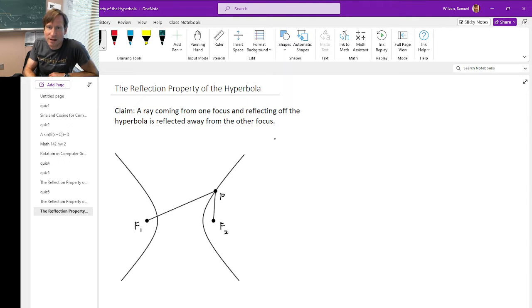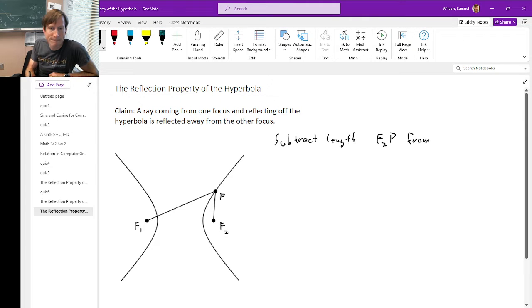First, let's subtract the length F2 to P from the line segment F1 to P. We get a point, let's call it A. So what I mean is we're going to take this length from F2 to P and cut off an equal distance from the segment from F1 to P. So that gives us this point A right here.